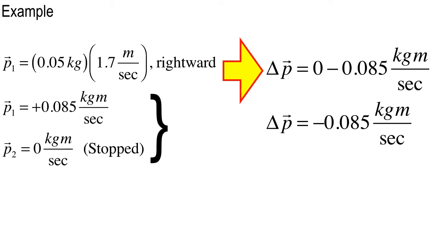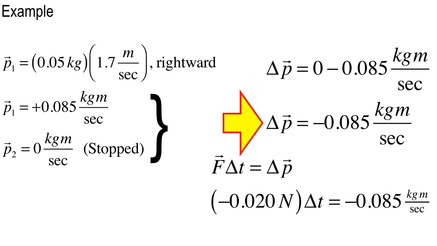Now we have to do the F delta T side. We don't know what delta T is. As a matter of fact, that's what we want to figure out. But we do know what the force is. It's negative 0.020 newtons.